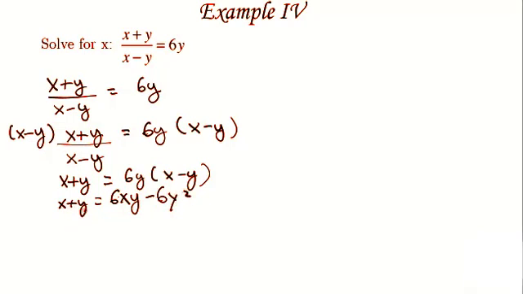So now I have an x on the left side, I have an x on the right side, and I need to have all the variables that I'm solving for together on one side. Next thing I'm going to do is move the 6xy to the left through subtraction, subtracting both sides by 6xy.